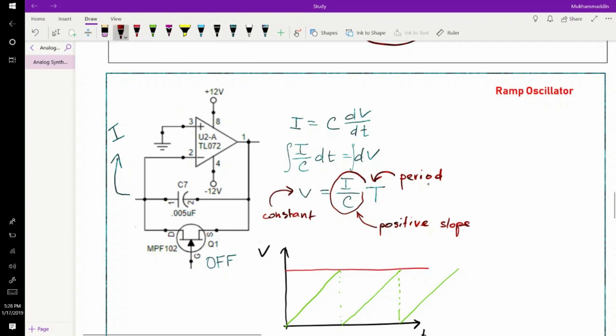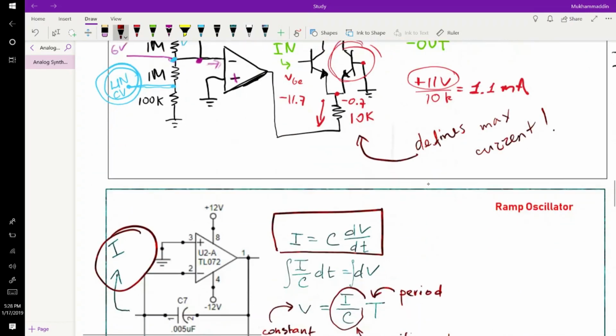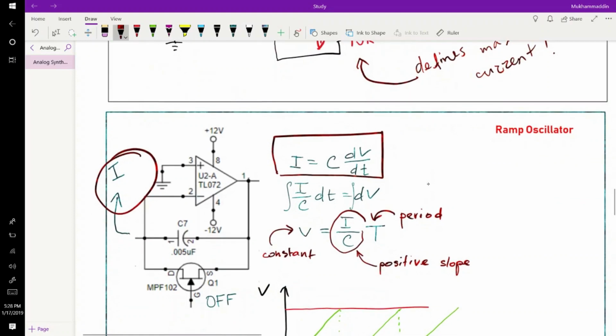You see, this is the formula of current through a capacitor. And by the way, this current is our friend from here. It's IC2. So in order to avoid confusion, I will specify that it's IC2. So we have control over this current.